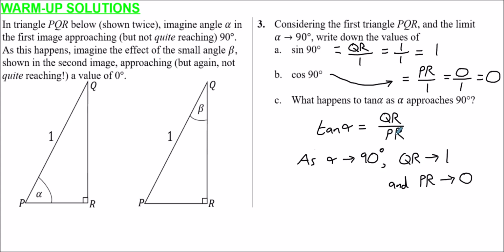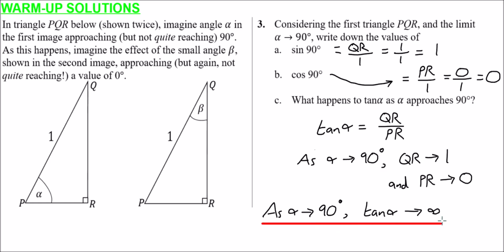So tan 90 is undefined, but we can say that as alpha gets closer and closer to 90, without actually strictly ever becoming 90, that the tan of alpha will tend towards infinity. So that's the idea of a limit. It's a concept where we can get closer and closer to some value without ever quite actually being it.